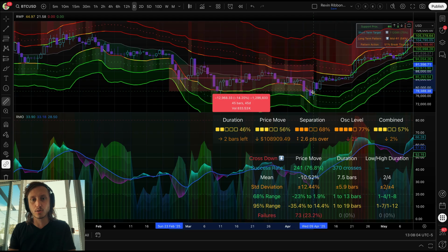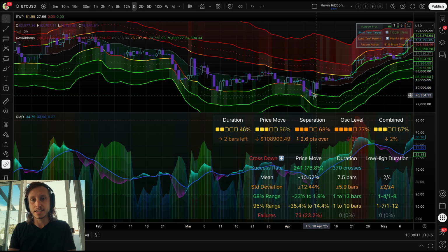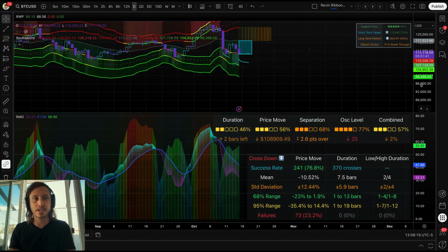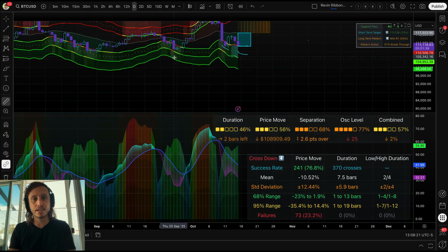So it wasn't a whole lot different than the actual wick there, but it was a 16% move to the downside, and that did again base off of this dotted midline as price consolidated and slowly pushed that dotted midline lower.